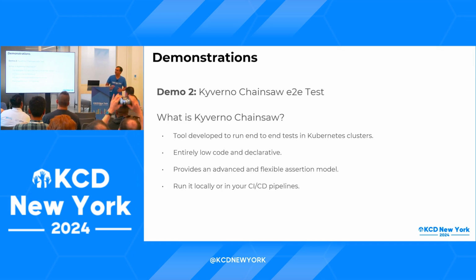Okay, so let's talk about the Chainsaw test. Chainsaw test is an end-to-end testing tool for Kubernetes operators and controllers. We have been using this internally to test all our Kyverno policies. Let's take a look at the demo of a Kyverno test in the next slide.